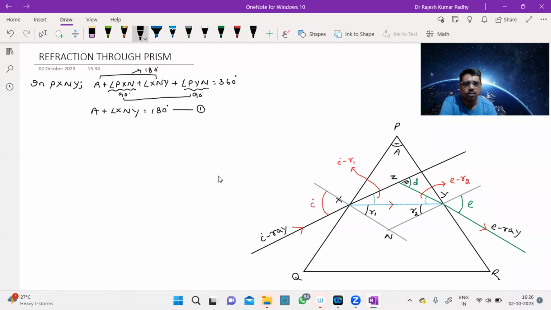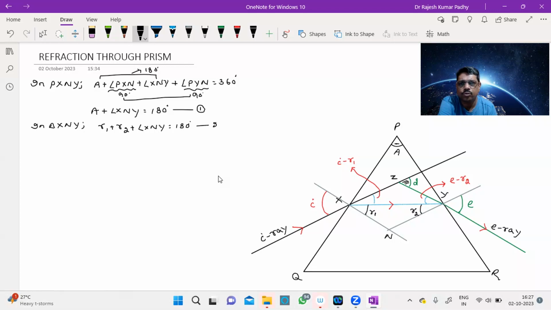Let us go for a shortcut method. Similarly, in triangle XNY, R1 plus R2 plus angle XNY is equal to 180 degrees. The sum of three angles of a triangle is 180 degrees.